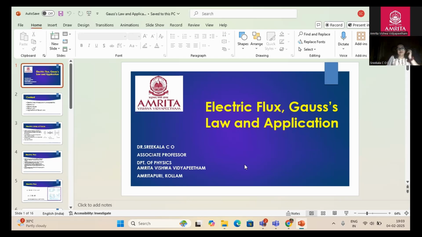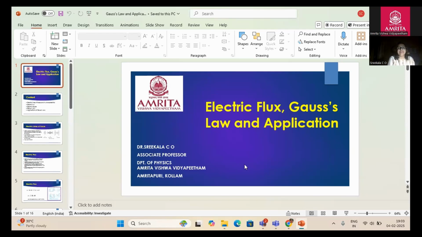Okay. Now, is volume charge density charge per volume? Yes, correct. Volume charge density is charge per volume. There is one more question: is linear charge divided by volume? They have asked charge per length.